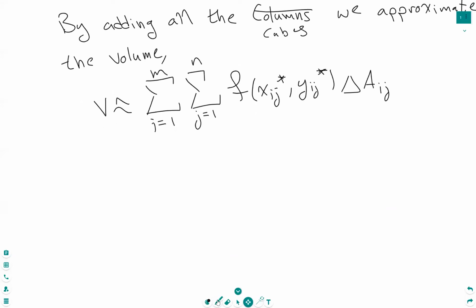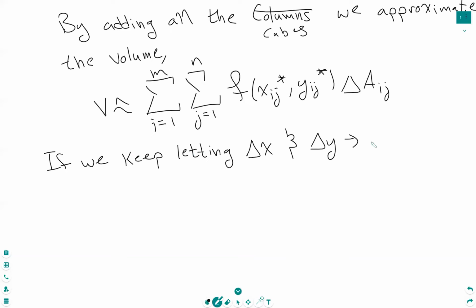Now, if we keep letting the change in x and change in y go to 0, making them smaller and smaller, meaning there are more subdivisions, we better approximate the volume.